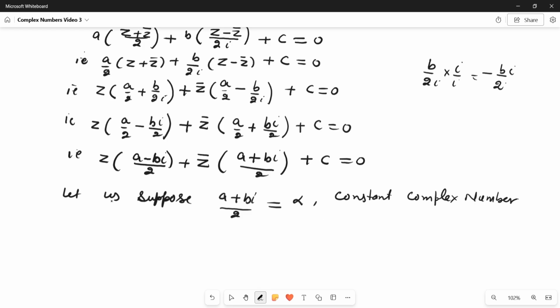Therefore, this is the conjugate of this, so this equation becomes z into alpha bar plus z bar into alpha plus c is equal to 0. So this is the equation of a line in complex numbers.